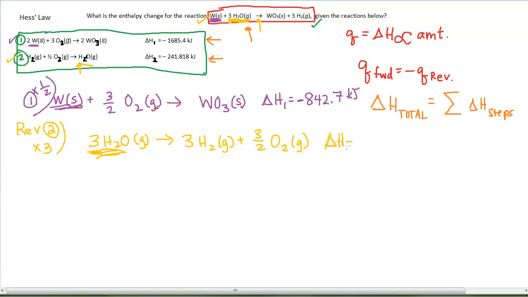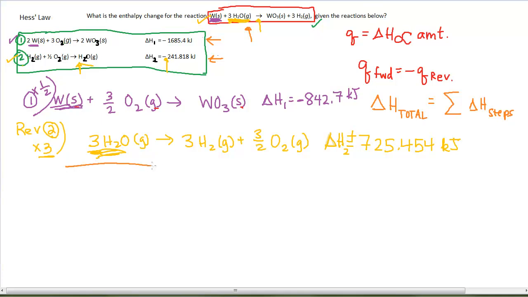The delta H of this new reaction 2 that I've manipulated, I reversed it, so it's no longer going to be negative, it's going to be positive. And I multiplied it by 3, so I will need to multiply that numerical value by 3, in which case my new delta H2 is 725.454 kilojoules. It is a positive numerical value now.